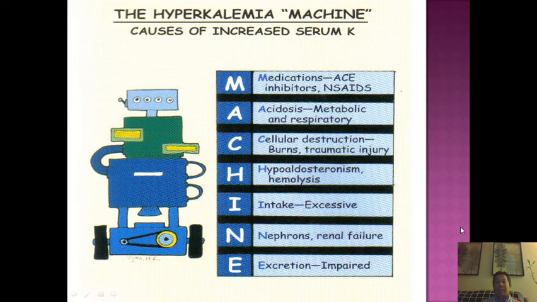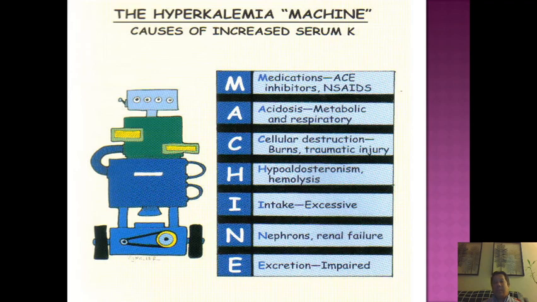What are some of the causes of an increased potassium level in the blood? We have medications that can cause increased potassium level, like ACE inhibitors, non-steroidal anti-inflammatory drugs, and any type of acidosis, whether it's metabolic or respiratory acidosis, will push potassium out of the intracellular compartment, and it will go to the intravascular compartment that can lead to hyperkalemia.